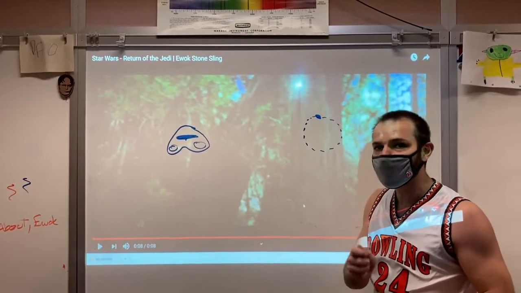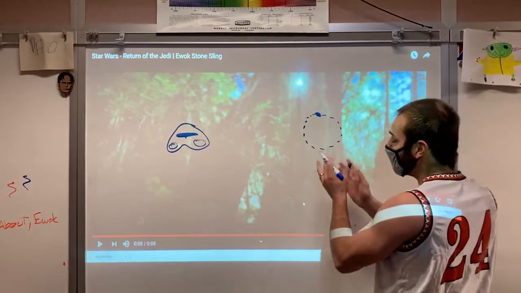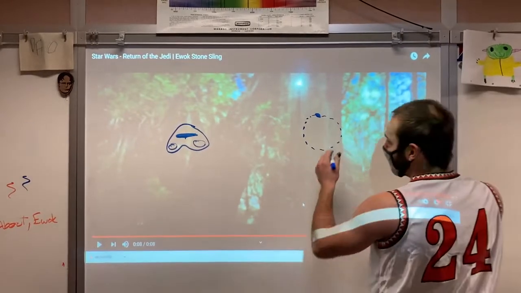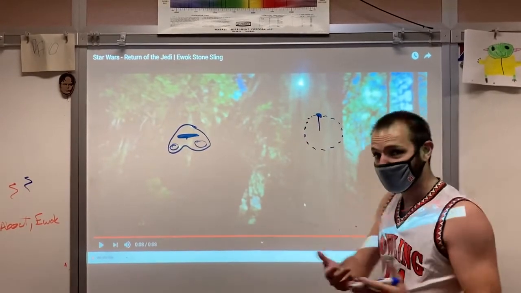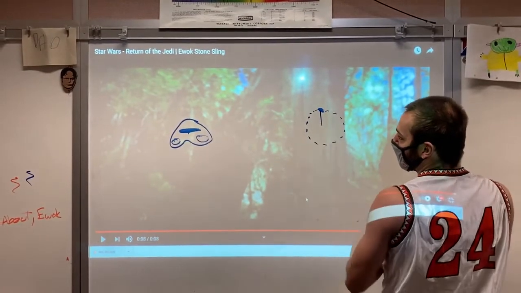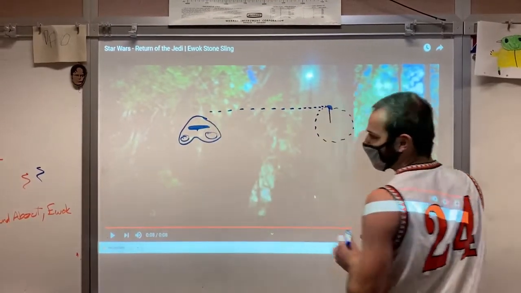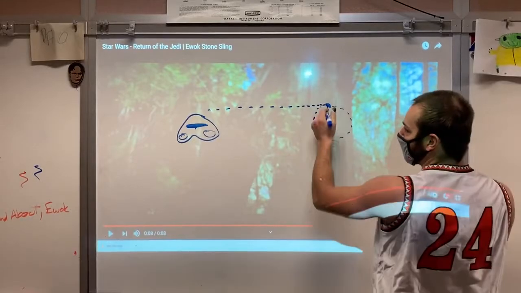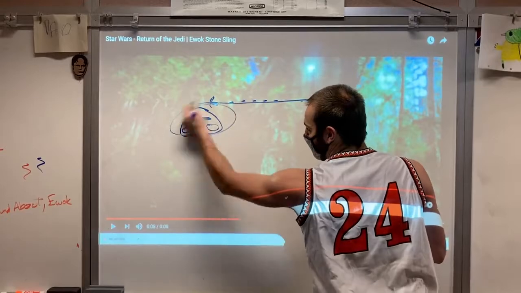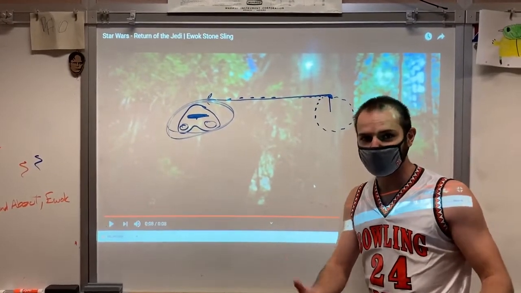So when should the Ewok let go of the sling in order to hit the stormtrooper? Well, as soon as you let go of that string, that velocity is going to keep that rock moving in that straight line. So what you want to do as an Ewok, because you may be an Ewok someday battling on Endor, you're going to want to let go of that rock as soon as its tangential velocity is in a straight line. Once it's in a straight line, you let go of it, that rock will continue on that path and hopefully wrap around the stormtrooper, bringing him down, saving the rebellion.